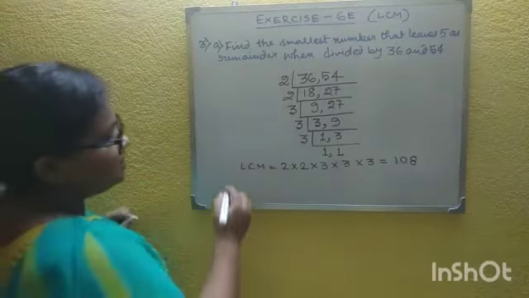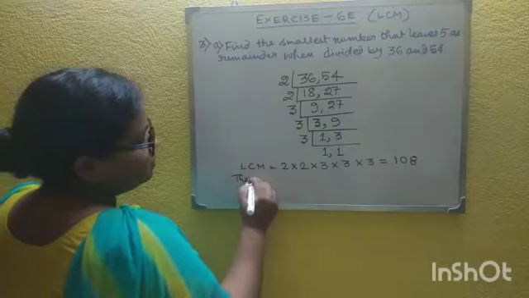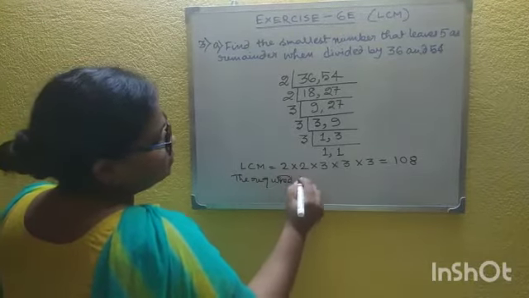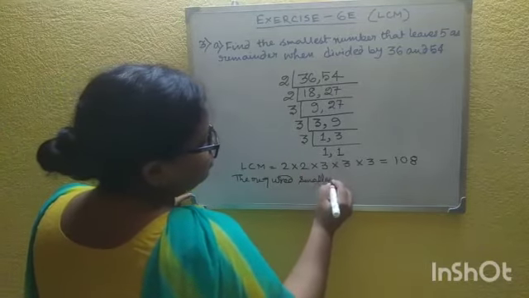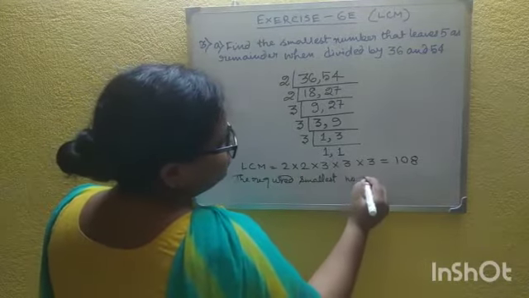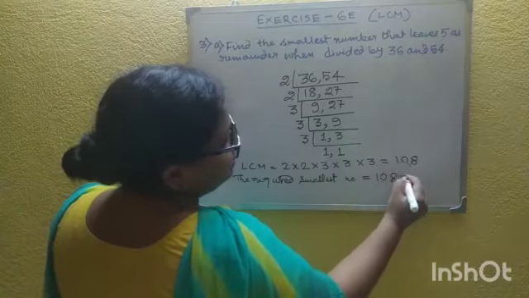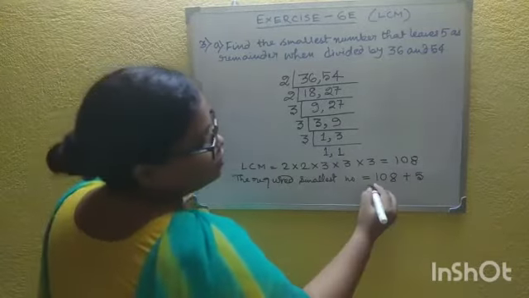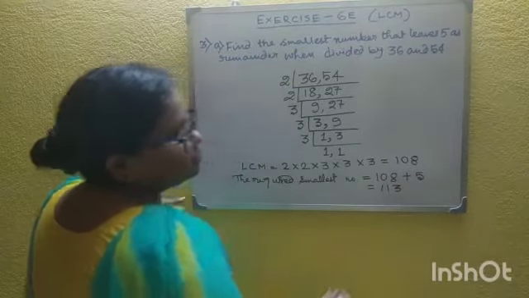So to find the required smallest number, we will have to add 108 and the remainder 5. So the answer will be 113.